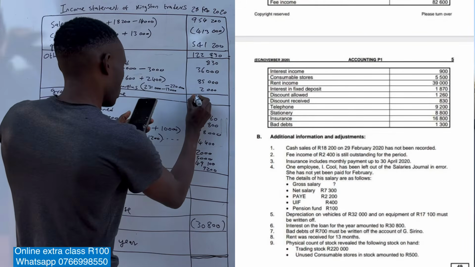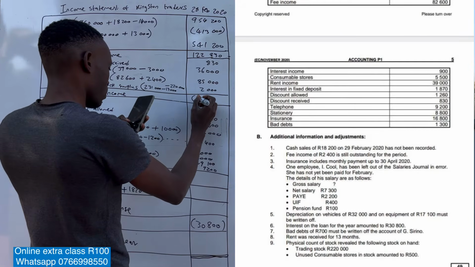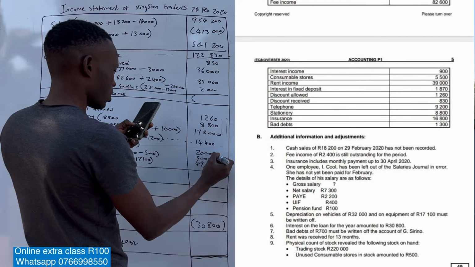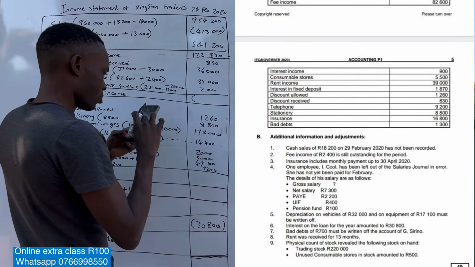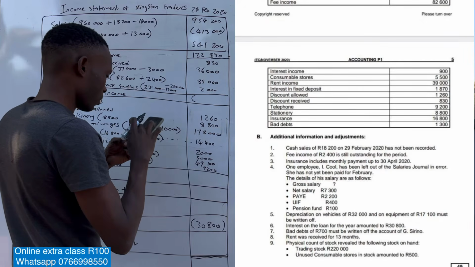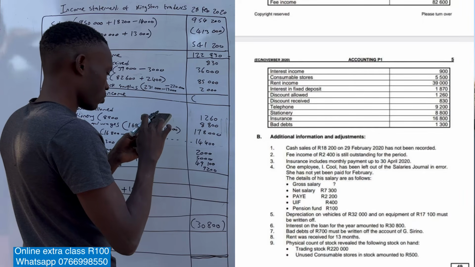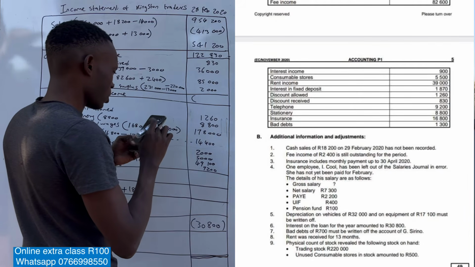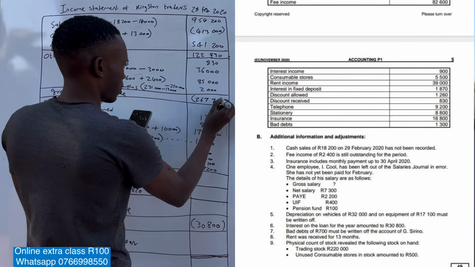Expenses, this side, you just add all these amounts and you will get 178, 14,400, 2,000, 5,000, 49. It's gonna be 258,560. 258,560 plus 9,200, and it's gonna be 267,760.